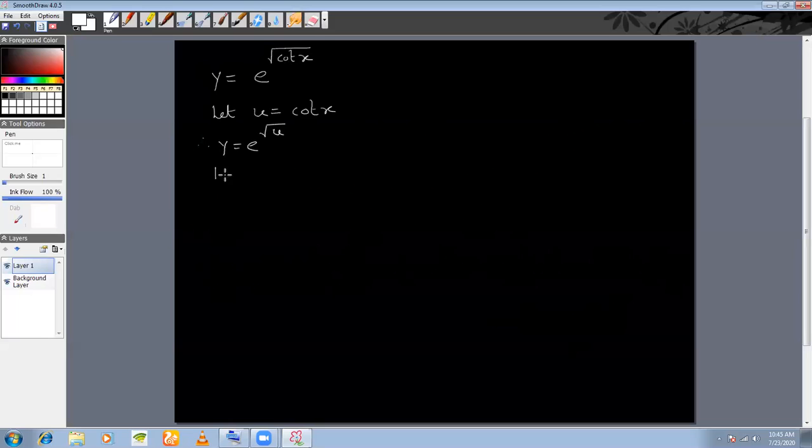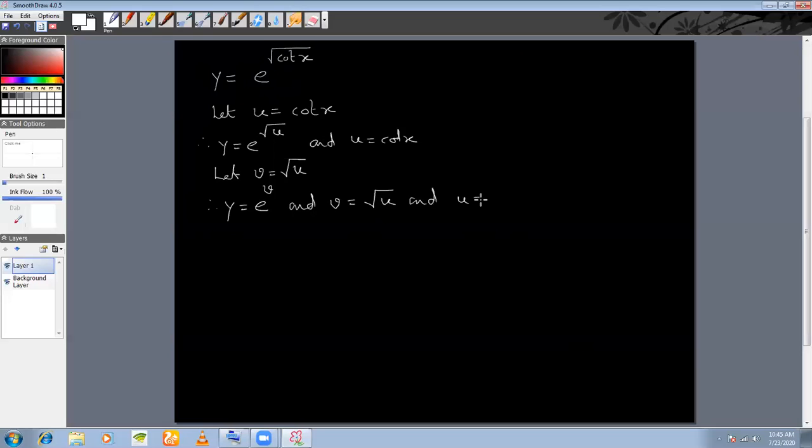Now we say let v is equal to root u. Then y becomes e to the power of v, and v is equal to root u, and u is equal to cot x.